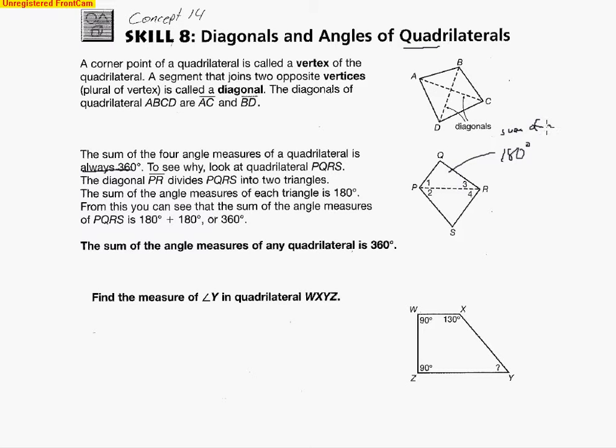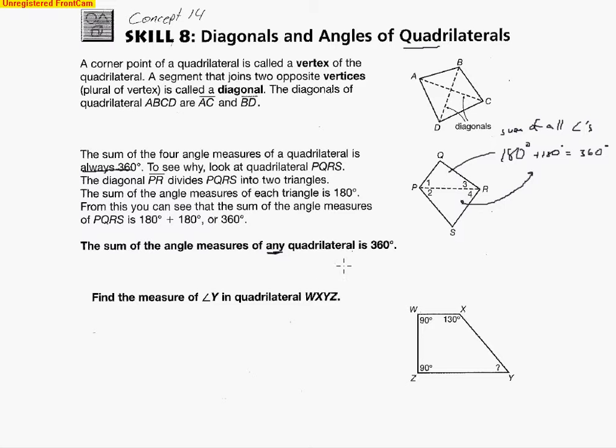Over here we also have a sum of 180 degrees. If we take those two and add them together, we get 360 degrees. That's why, when we look at any type of quadrilateral, the sum is 360 degrees.